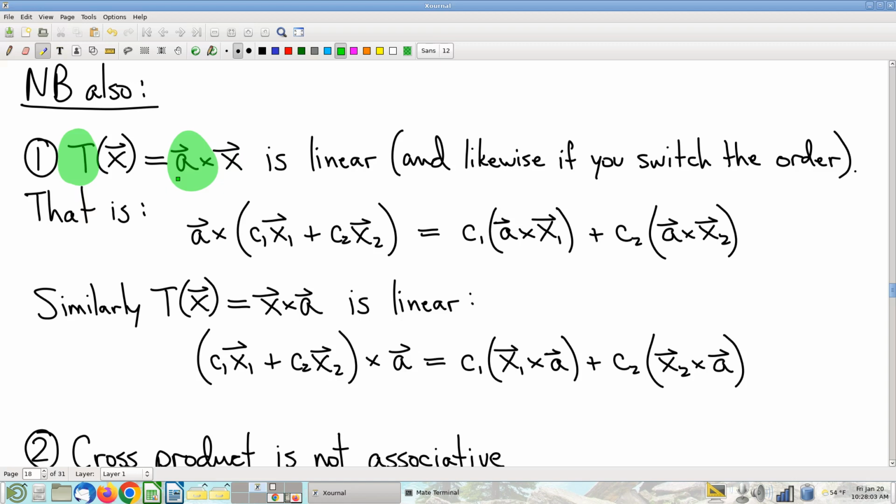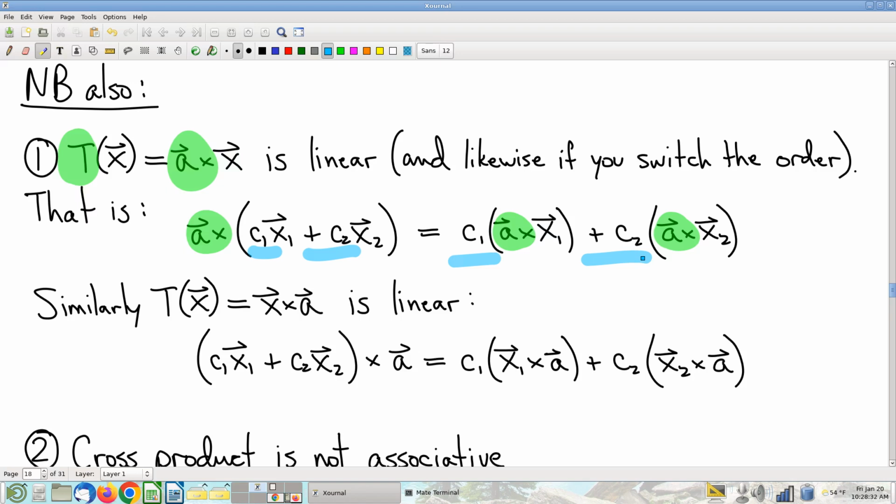You give me an x, I give you an output per this formula. That function is linear. And what does linear mean? Linear means that if you do a linear combination inside, you get effectively the same as doing the linear combination outside. Or said differently, if you do the linear combination before you plug into the function or after you plug into the function, same thing.